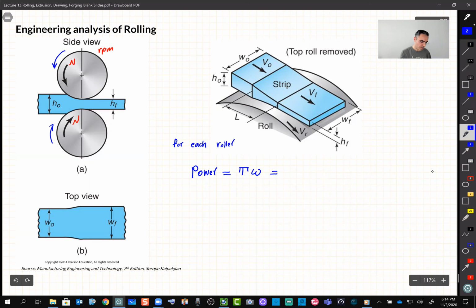So it's going to be then torque multiplied by 2 pi N divided by 60, right? Make RPM to radian per second.